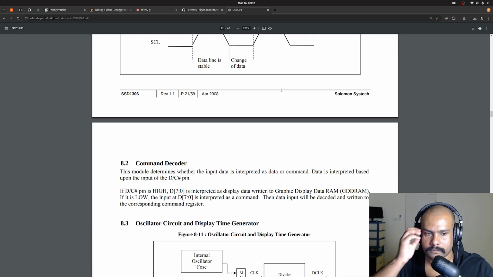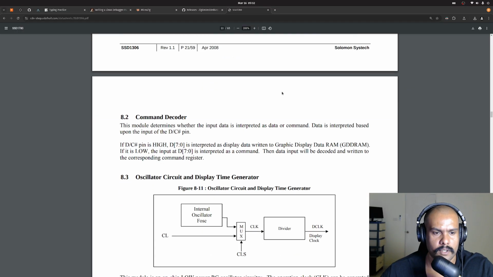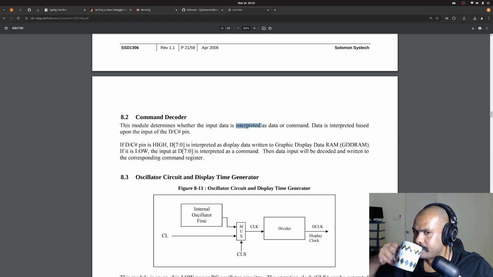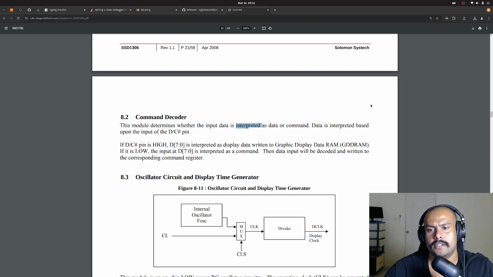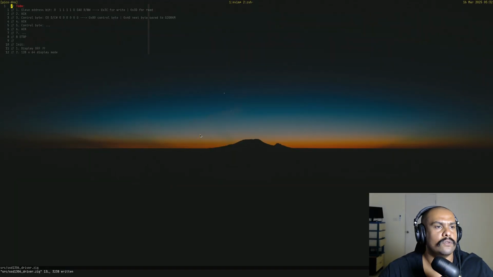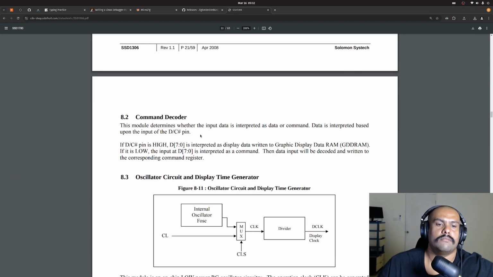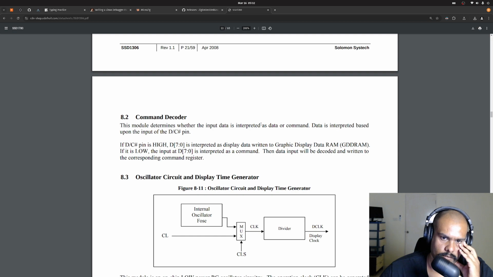Okay. Command decoder. This module determines whether the input data is interpreted as data or command. Data is distinguished based upon the input of the D/C# pin. D/C# pin. I think I know, the D/C# pin is the second control bit. Yeah.